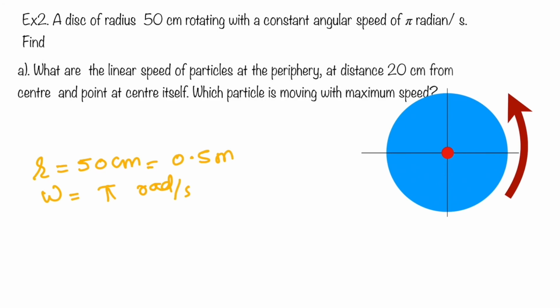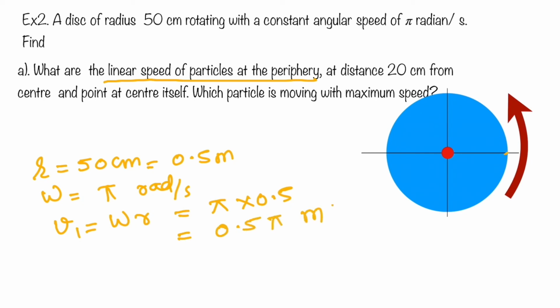Now we have to find out the linear speed of a particle at the periphery. So for the particle at the periphery, let's assume the speed is v1, which is given by omega r, where r is the radius of the disk. So here omega is pi, r is 0.5. So this is equal to 0.5 pi meters per second. So this is the answer for it.